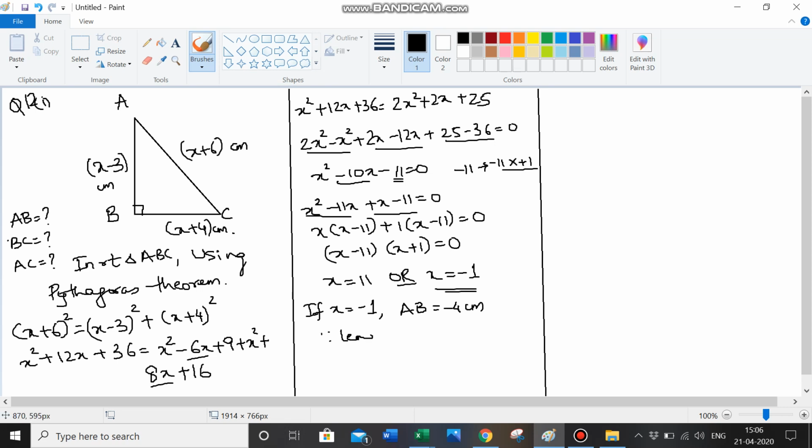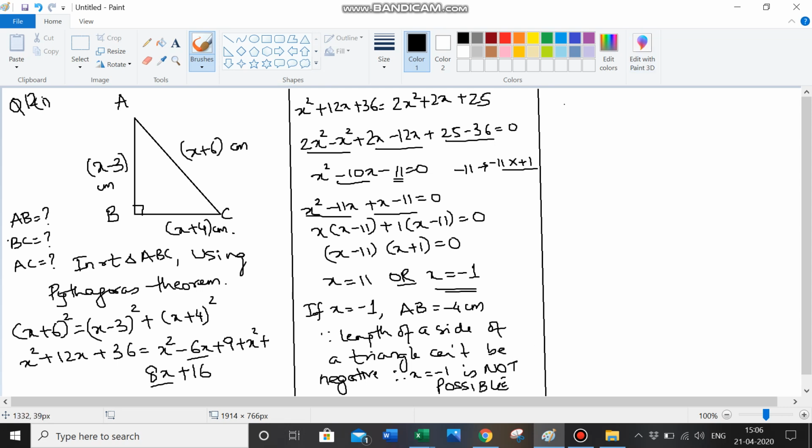Since length of a side of a triangle can't be negative, therefore x is equal to negative 1 is not possible. So then what I am left with is, therefore x is equal to 11.